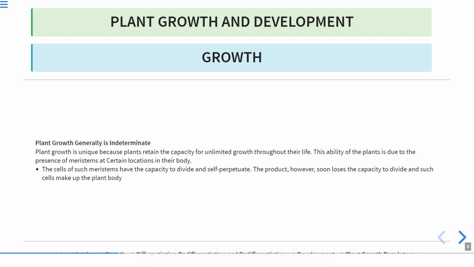There is also growth in the intercalary meristem form, which gives rise to new branches, and the lateral meristem, which increases the girth of the main stem.